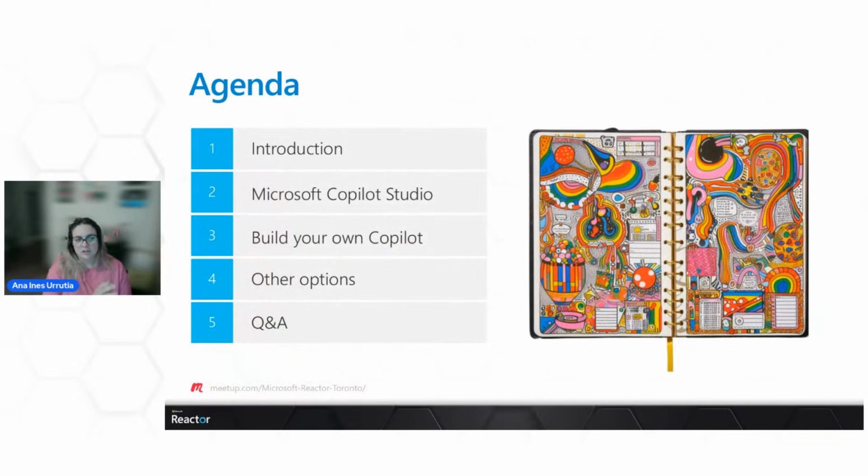This is the agenda for today. It's very simple. Here we have an AI Microsoft Designer generated image. I don't remember the prompt, but I think it was based on an artist. I don't remember the artist because I don't remember anything. But this is what we're going to discuss today. We're going to the introduction. There we're going to Copilot Studio to discuss a bit of what it is.